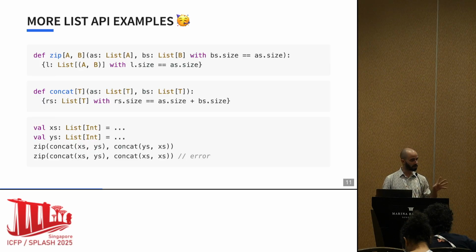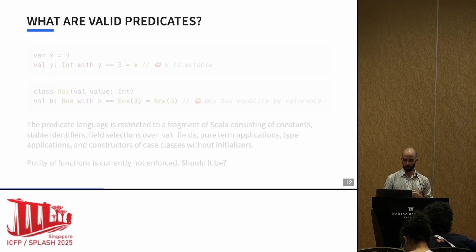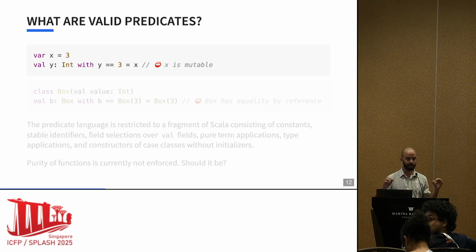Okay, so just a note on what you can write as predicates, so what can appear there. We talked before a lot about functional programming, about properties of functional programs, and in particular, we want to work only with pure and immutable functions and data structures.